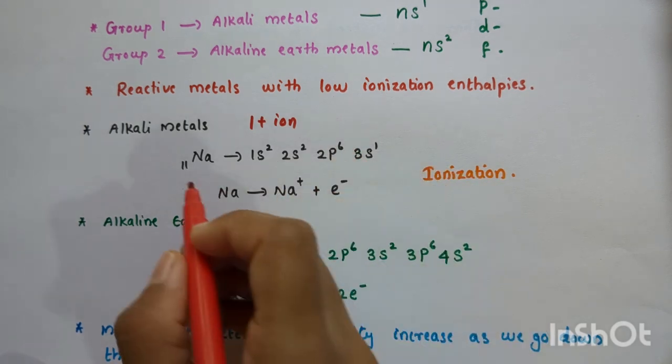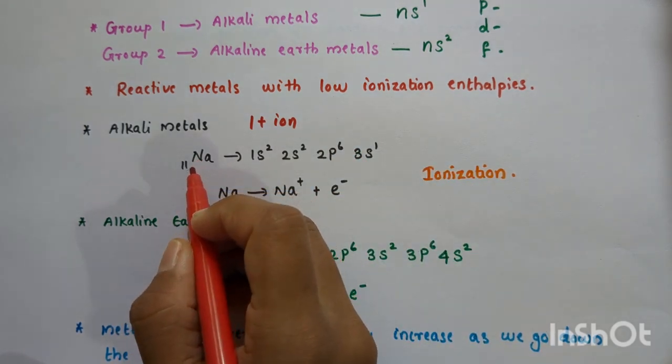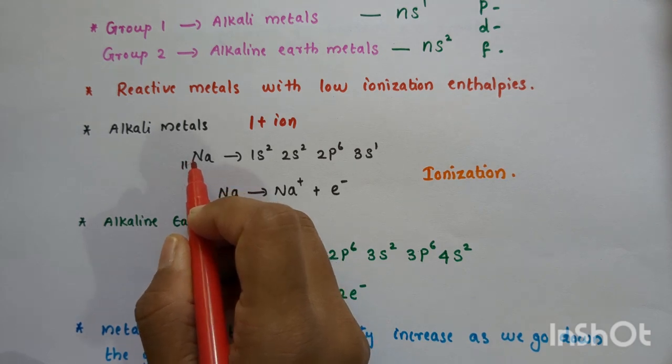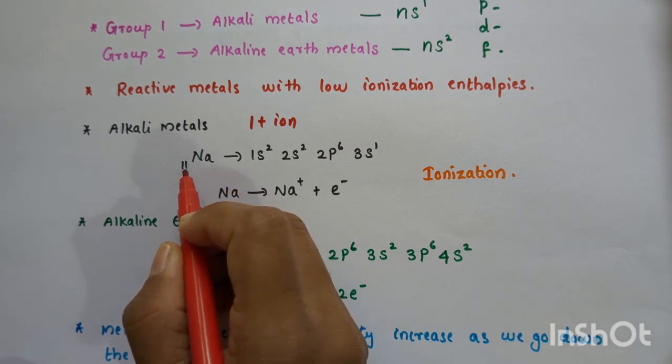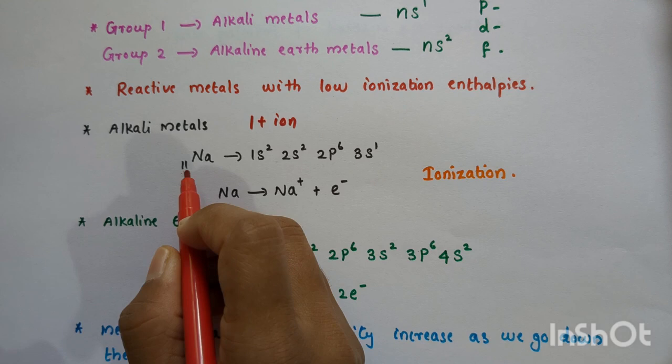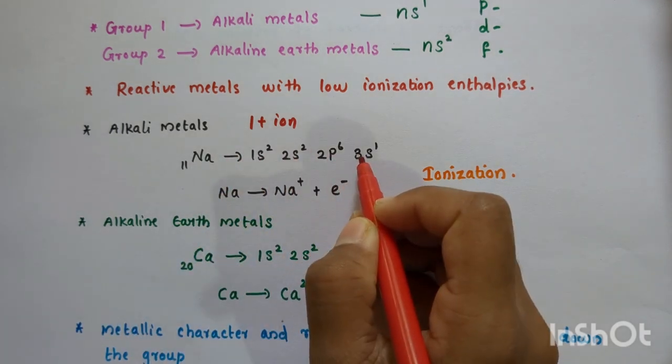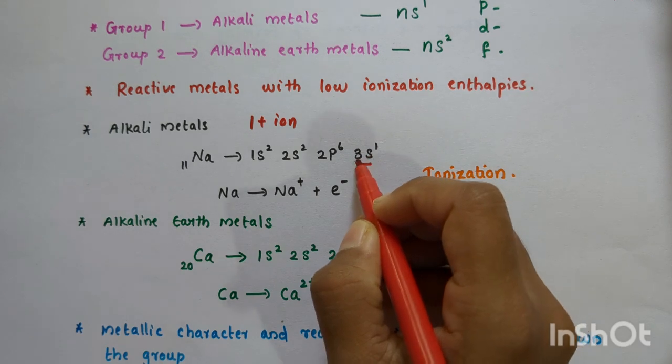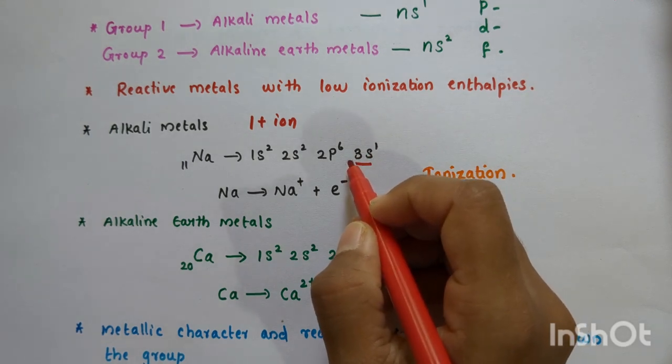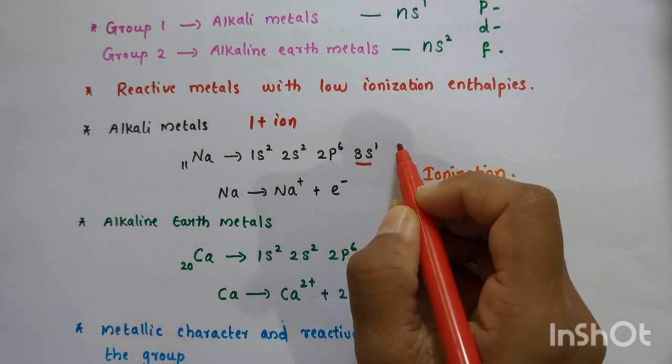Consider the alkali metal sodium. Its atomic number is 11, so its electronic configuration is 1s2, 2s2, 2p6, 3s1. In the outermost shell only one electron is there, so it has a tendency to lose this single electron.